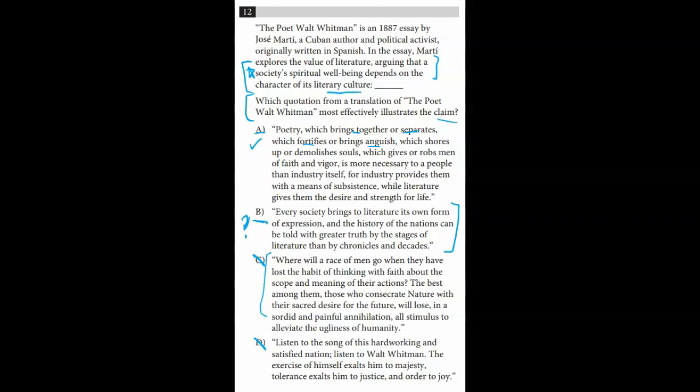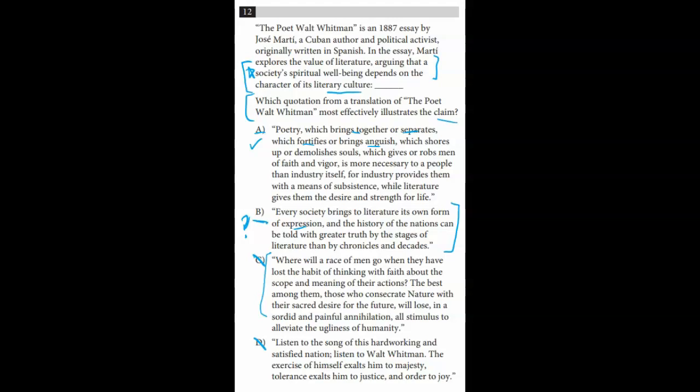It more talks about it is an expression, and the history of nations can be told with greater truths by this. But it's more saying that it's making the connection that you can see how a society is throughout the decades by looking at the literature, not that literature had an effect on the society itself.